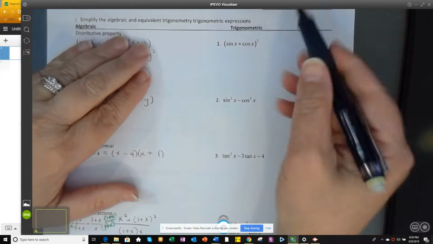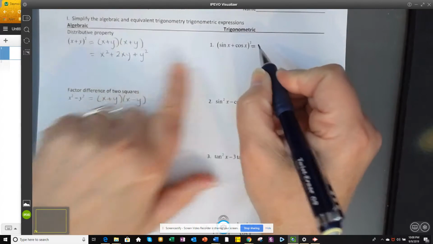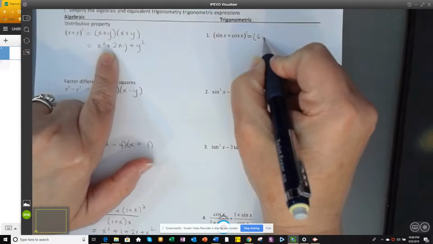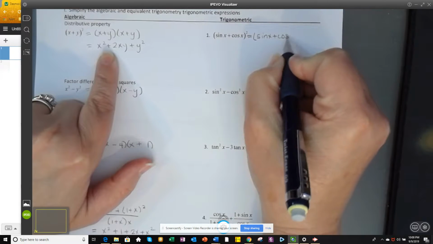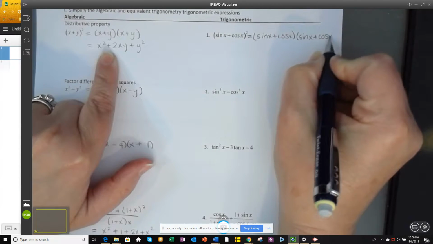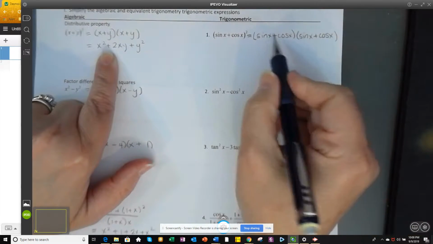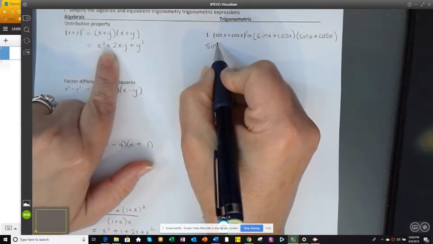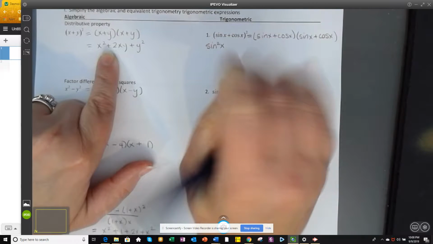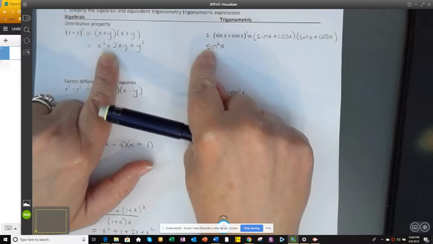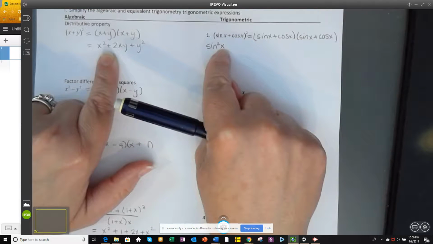All right, and so we can expand this just like we expanded this over here, and we can say that it's sine x plus cosine x times sine x plus cosine x. Then we can multiply sine times sine, which is sine x quantity squared. But when we square a trig function, we put the 2 in between the n and the x. That's math convention, so that we show that we're squaring the sine and not just the x.